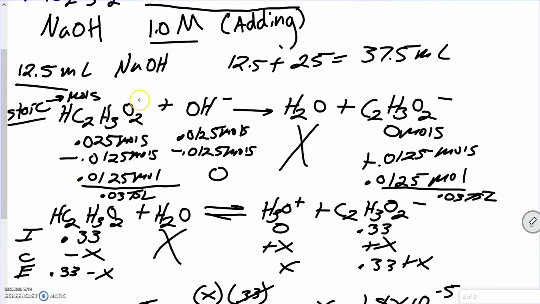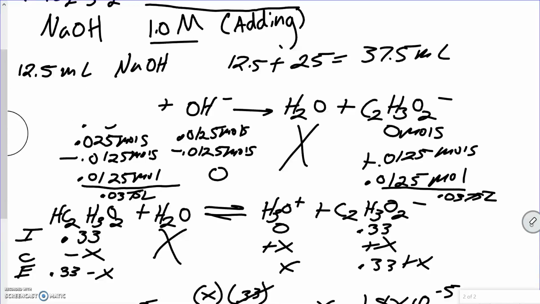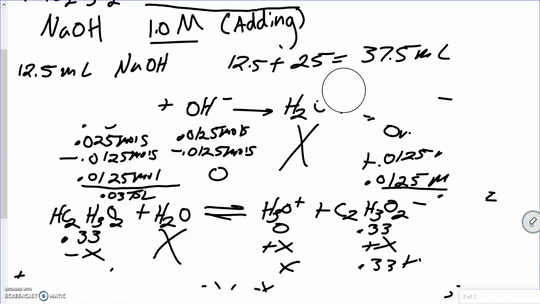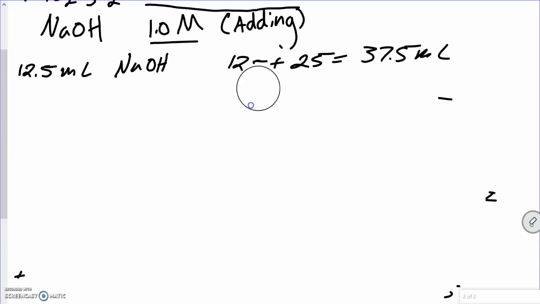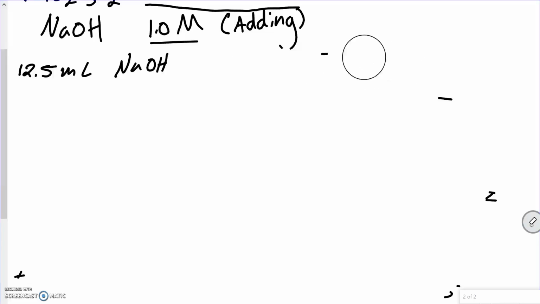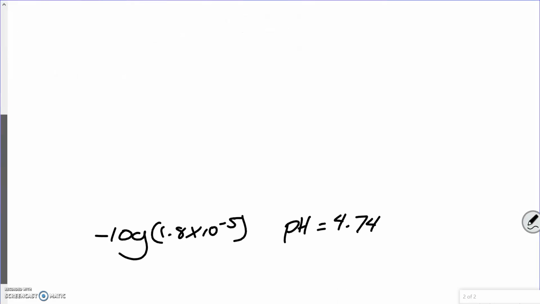So let's look at the equivalence point. Now, what is the equivalence point? The equivalence point is when the moles of the acid equal the moles of the base. So again, we could do the math to figure it out. Let me clear off the board. There we go.